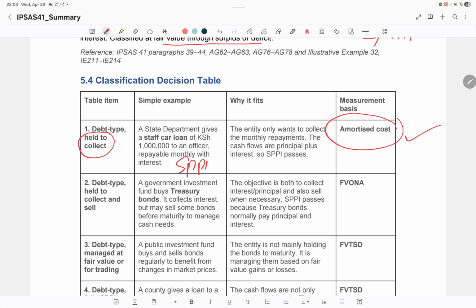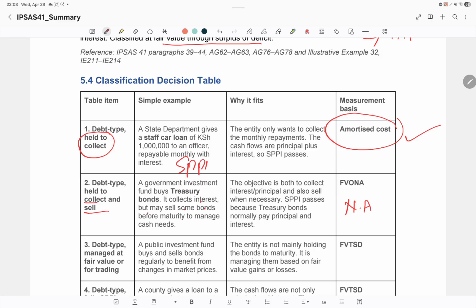So use amortized cost. Debt type that is held to collect and also sell: here we will use fair value through net assets. For example, a government investment fund buys treasury bonds. It collects interest but may sell some.